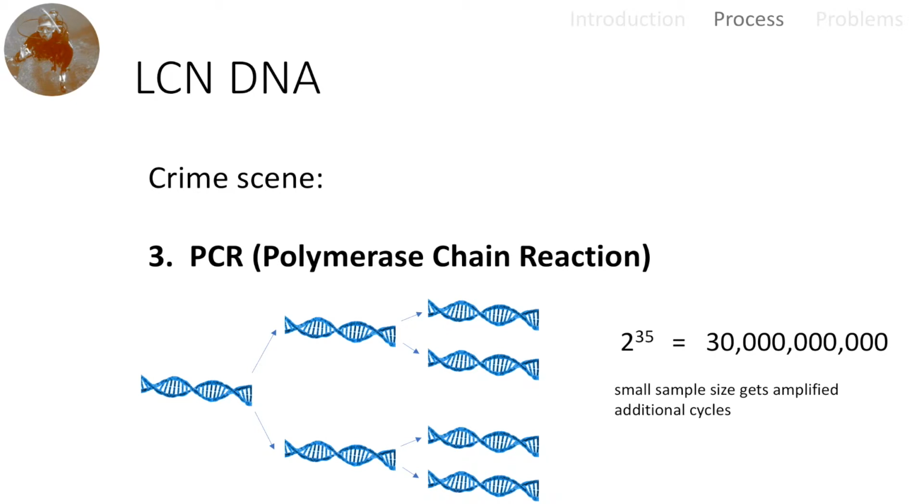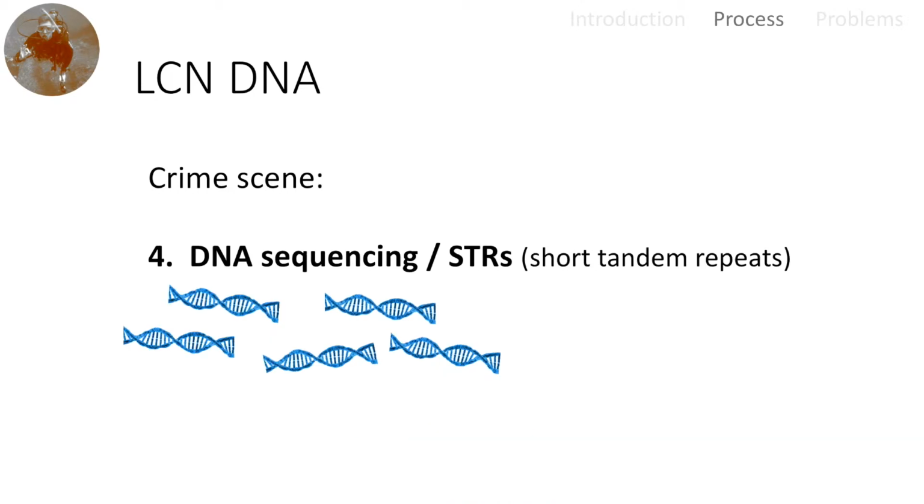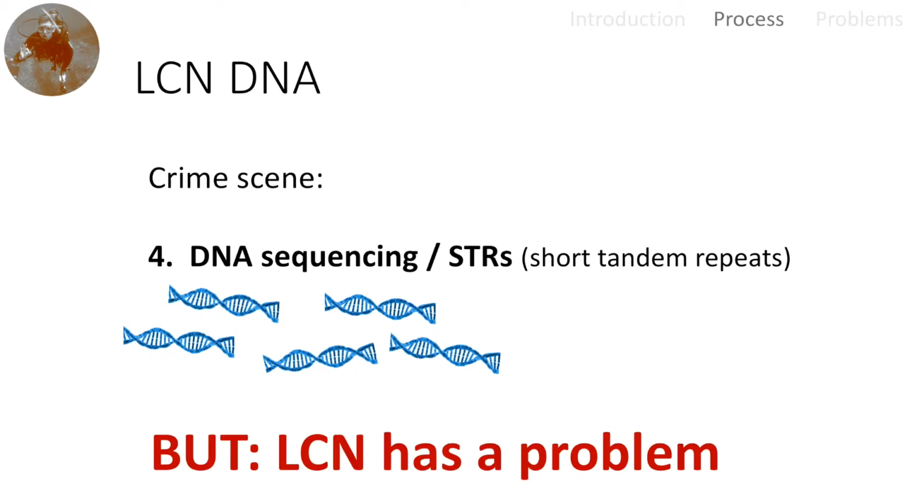Specifically in LCN DNA, we have a really small sample size and therefore it gets amplified with additional cycles, meaning more cycles. Once amplified and we have enough DNA, the DNA can be sequenced or it can be looked at for short tandem repeats. But here we are, LCN has a problem.